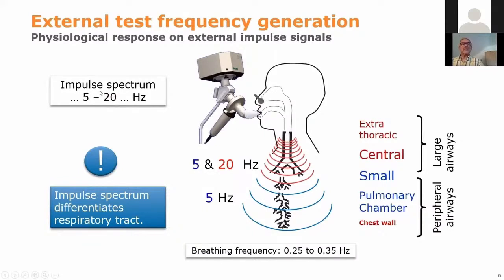That means a scale of frequencies to the respiratory system. And you see these frequencies have physical properties, and the physics say that higher frequencies around about 20 hertz are absorbed and shunted in the central airways, and only lower frequencies are passing the whole respiratory system and appear at the chest wall.